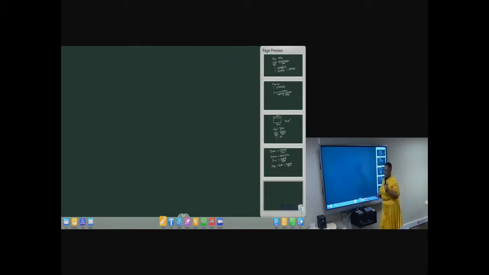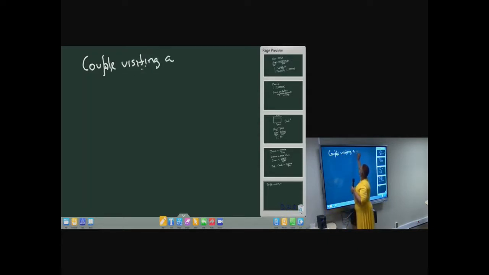But I am going to give an example now where the distance is given. You have a couple visiting a town which is 350 kilometers away.